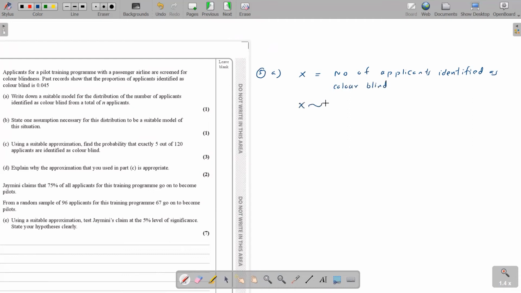And X follows a binomial distribution with n and probability of success 0.045. Agreed?